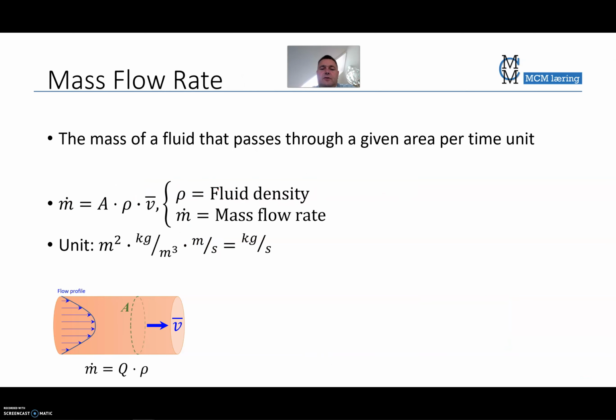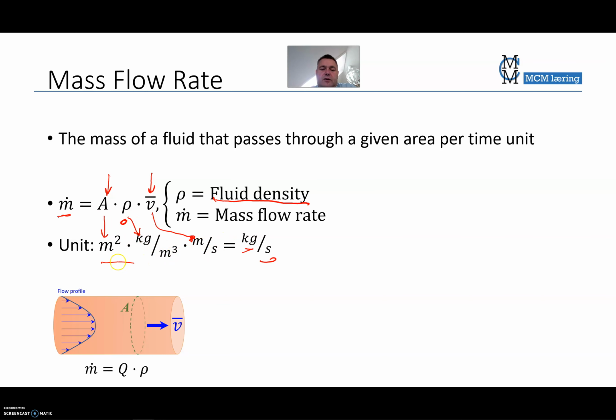While the mass flow rate is named as m dot, and it also includes the density rho, the fluid density. Otherwise it's the same with the area and the velocity. The unit is kilograms per second, and if you see here, the area is meters squared, density kilograms per cubic meters, and velocity meters per second.